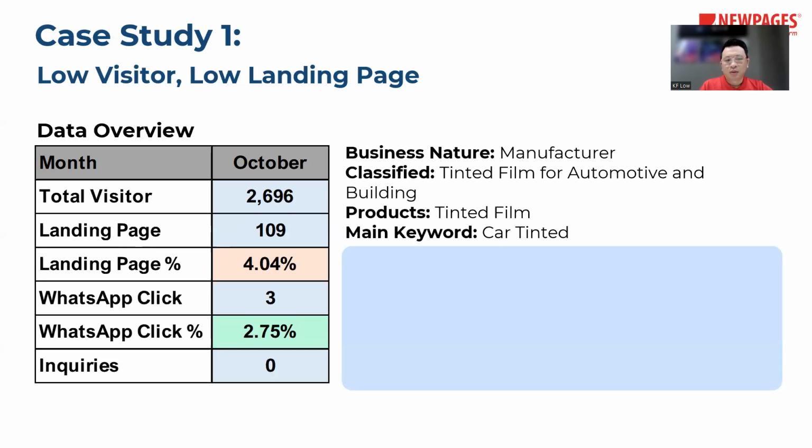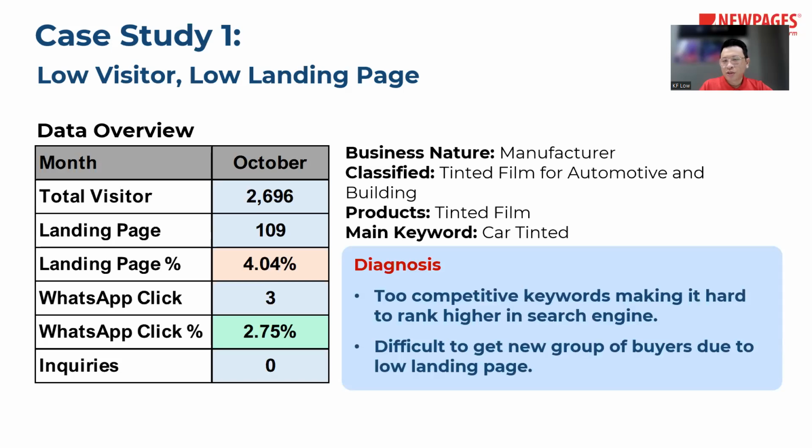Now, my diagnosis, based on my account analysis, which I've done for many of my clients, is that usually when you use short keywords, in this case car tinted, just two keywords, it's difficult to attract visitors, because your keywords are too competitive.